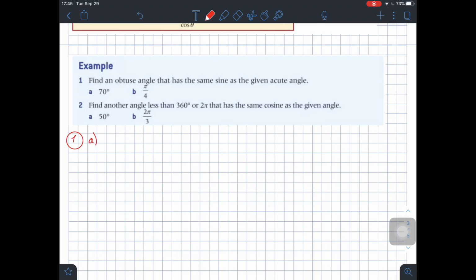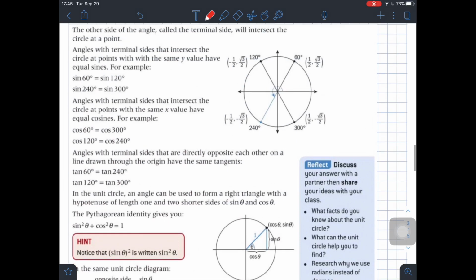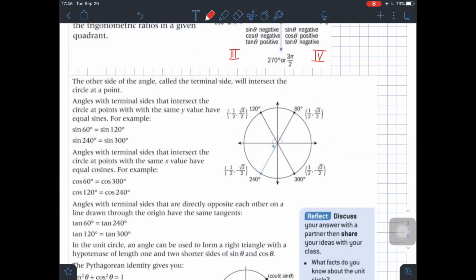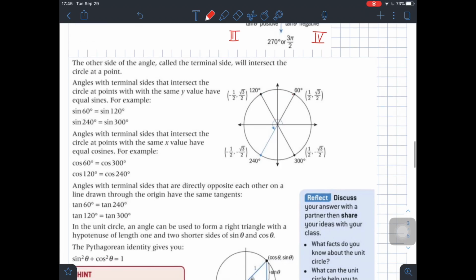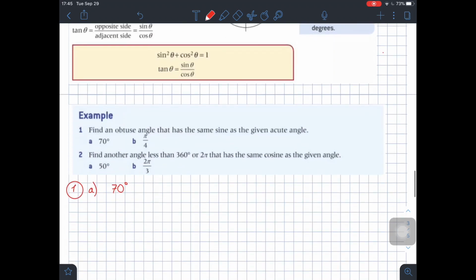So for 1a, we have 70 degrees, and we want to find another angle which gives me the same sine, right? If you remember from this demonstration over here, if we're given an angle in the first quadrant, the same sine will be repeated for an angle in the second quadrant. And that angle is exactly the supplementary angle.